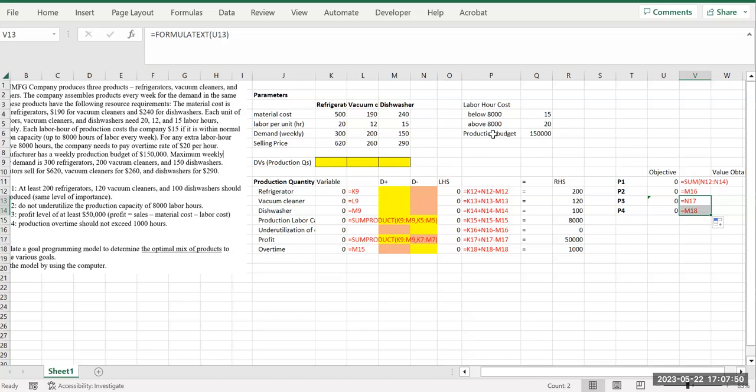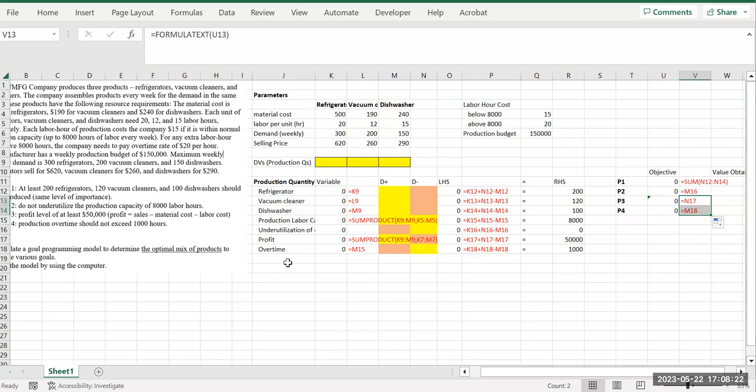So let's take a look. So we took care of the labor cost. It actually was reflected in the profit function. There's actually one production budget that we need to make sure is taken care of. Selling price, we took care of that. Demand, yes. Labor hour, yes. Material cost, also in the cost function. Capacity, overtime, underutilization of production capacity, everything. The only thing is the production budget.